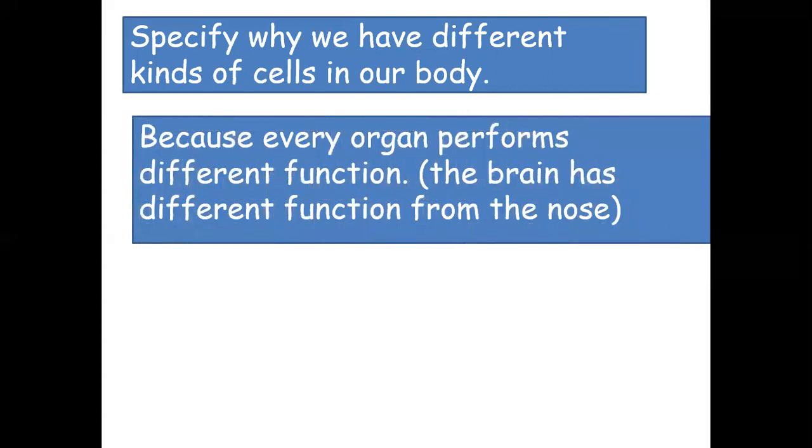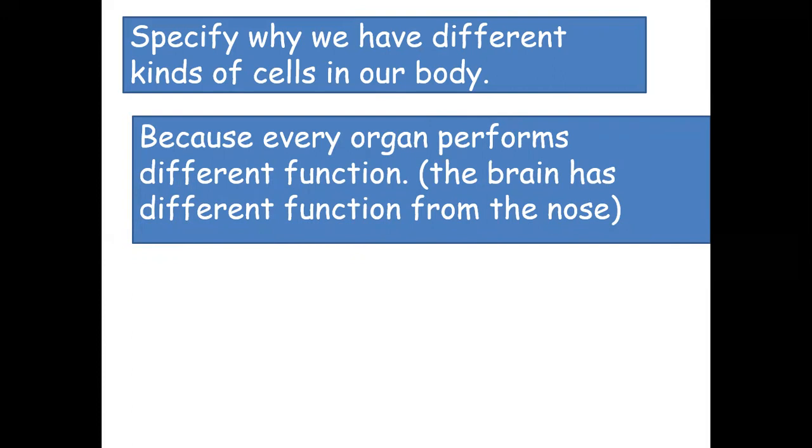This is because every organ performs different function. As you know, an organ is made up of cells and every organ has a different function. So it's a normal situation that every organ is made up of different kinds of cells because it performs different function.